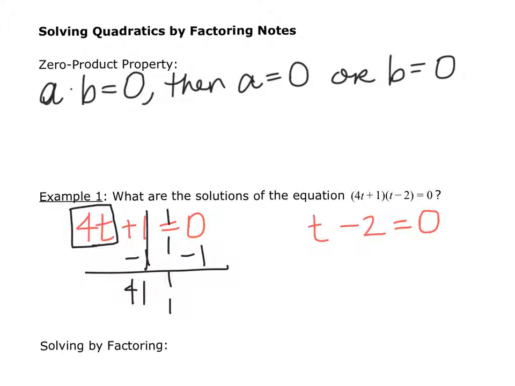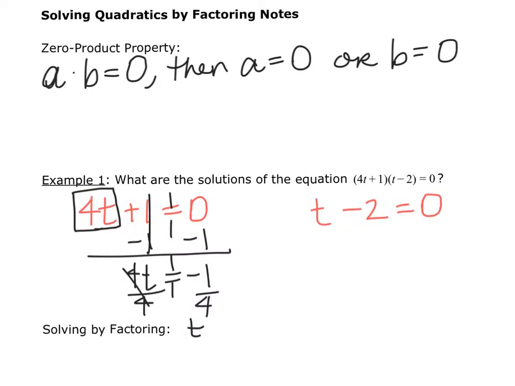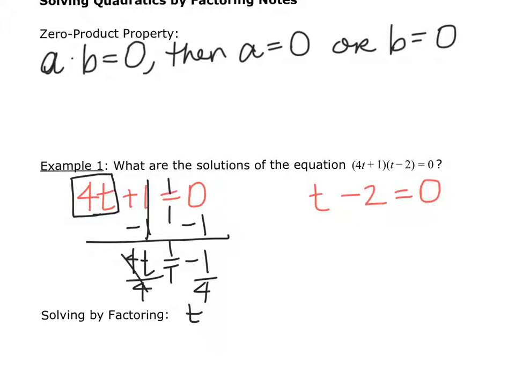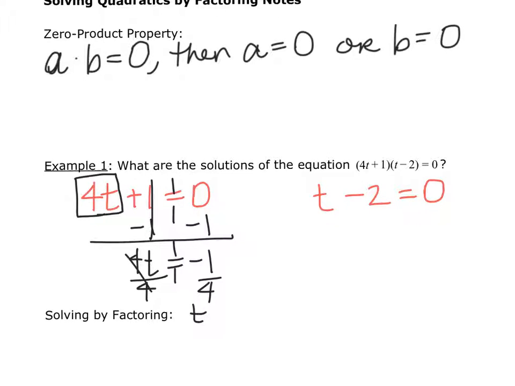So then I have 4t equals negative 1. And then divide by 4. So I've got t equals negative 1/4.